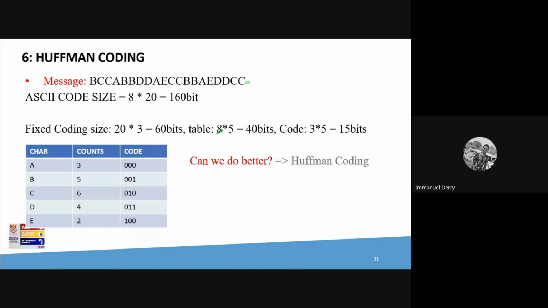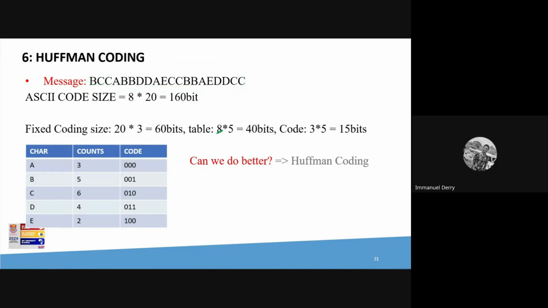So to get the size for the message given to us, it is 8 times the 20 characters we have. So 8 times 20 is going to give us 160. So we need 160 bits to store this particular message over here, which is not quite efficient.